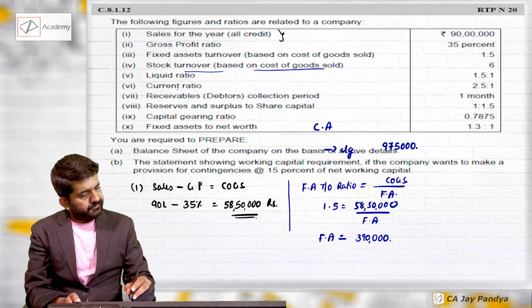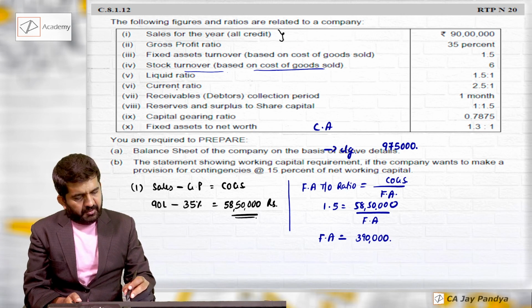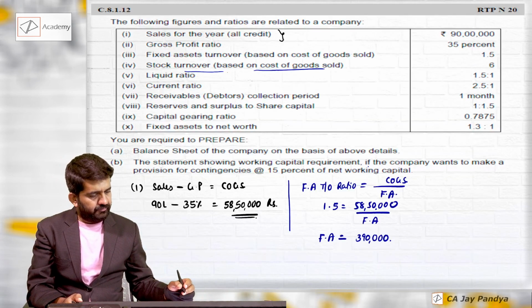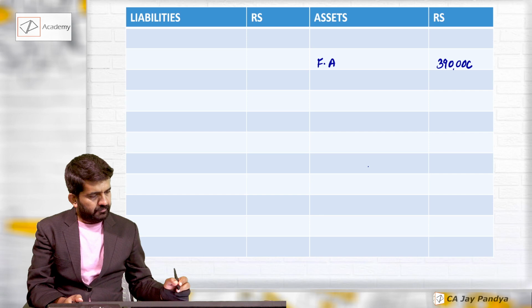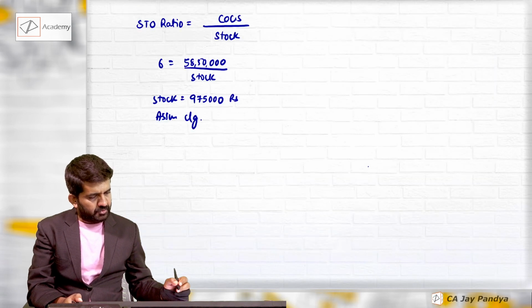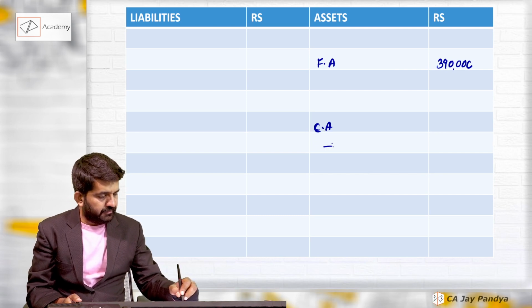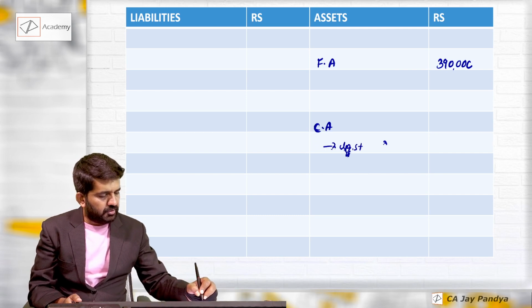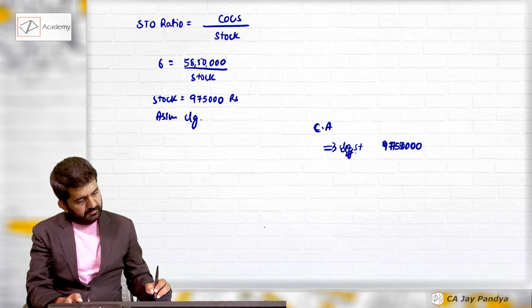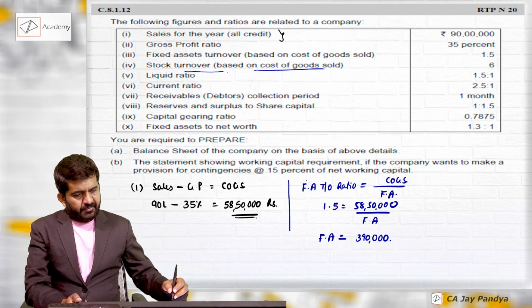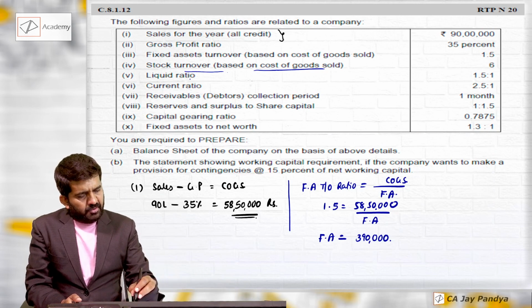Next is liquid ratio. What is liquid ratio? It is 1.5:1. There is closing stock, 9,75,000, in current assets. All right. You have got closing stock.